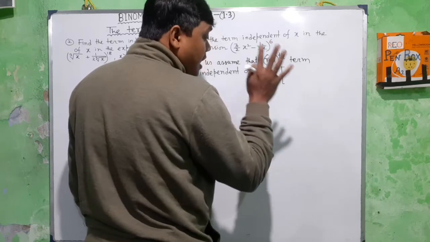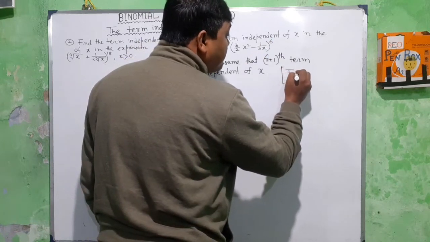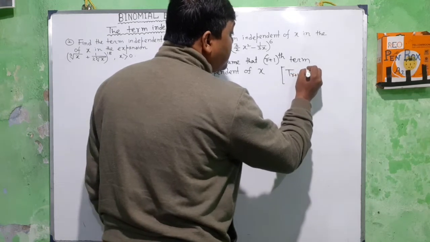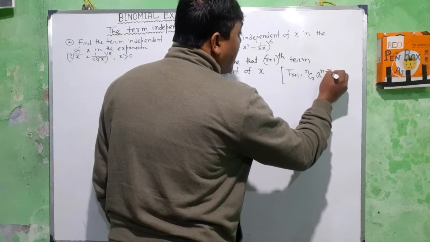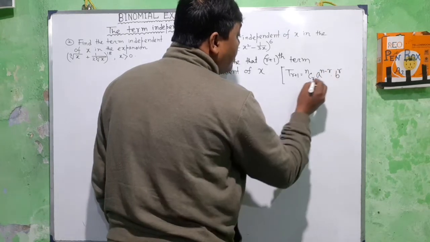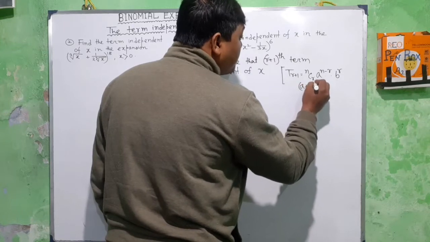We have already discussed the formula of the (r+1)th term, that is T(r+1) = nCr a^(n−r) b^r, when we expand (a + b) to the power n.